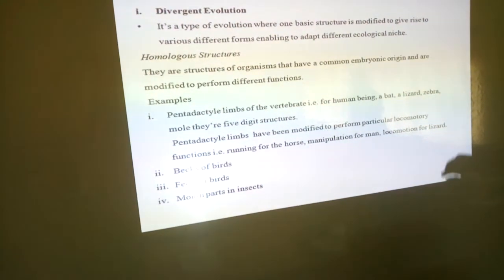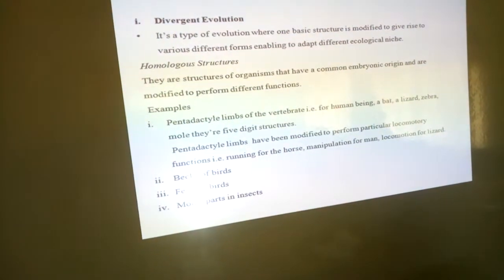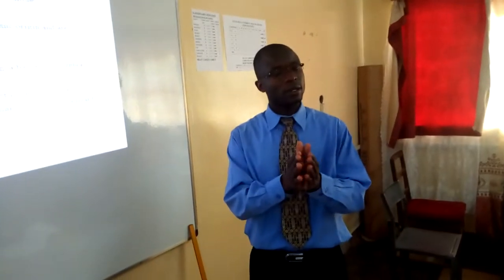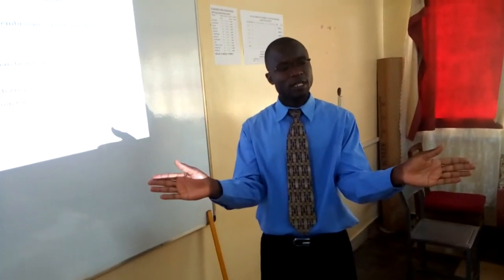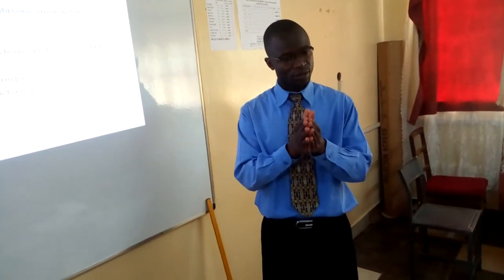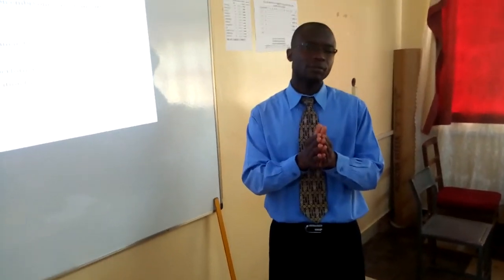The starting point: what is homologous structure? When somebody asks you what is homologous structure, then in a simple way to remember, you put your hands together, then move them apart. What is the meaning of that? Putting them together means similar embryonic origin, organisms of similar embryonic origin.